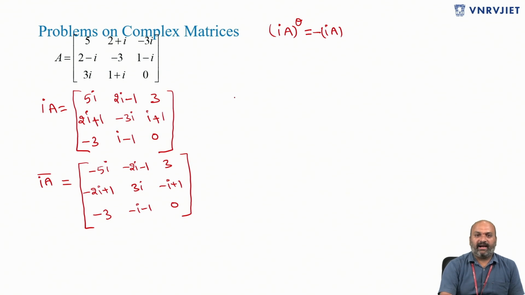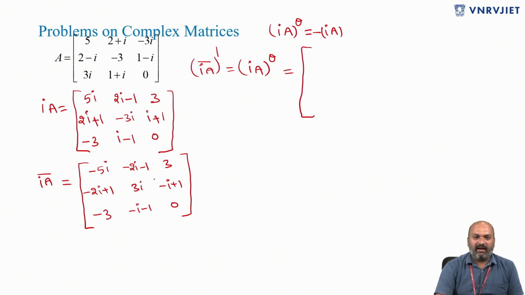Now the transposed conjugate of this. iA power theta is nothing but the transposed conjugate of iA. Now we have the conjugate of iA. Now make it transpose: interchange rows and columns.